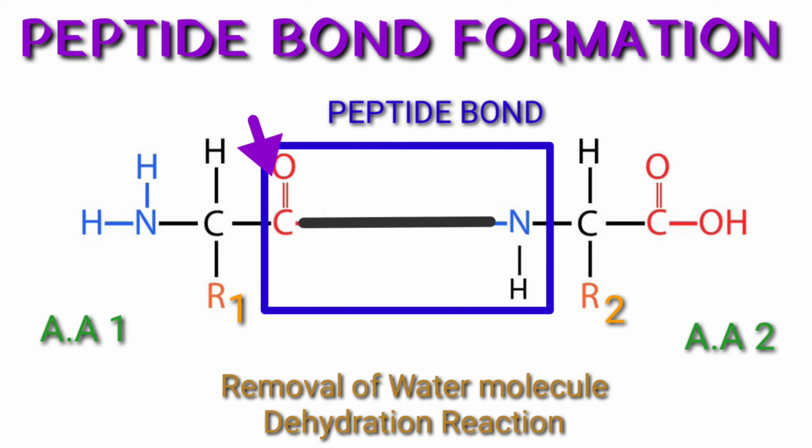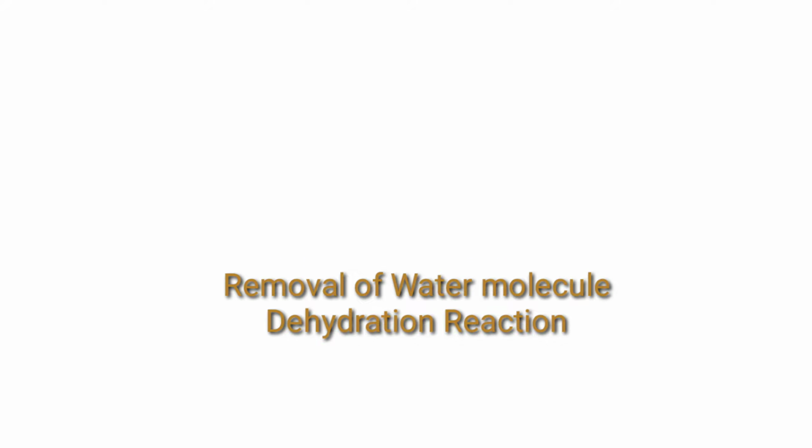The carboxylic group of the first amino acid and the amino group of the second amino acid are involved in this process, and the removal of a water molecule is also known as dehydration. So the dehydration reaction is responsible for formation of the peptide bond in this case.